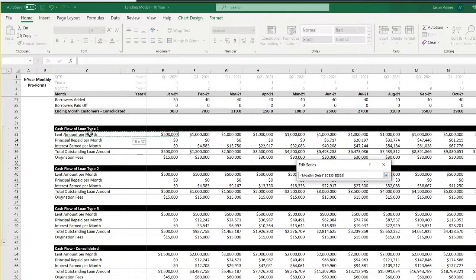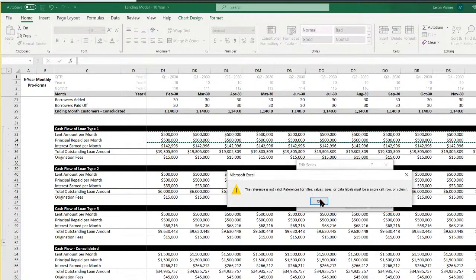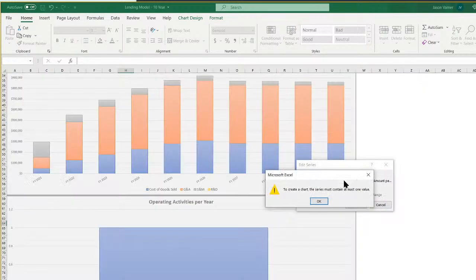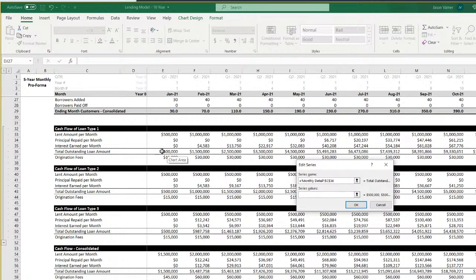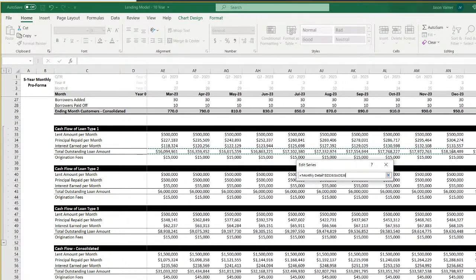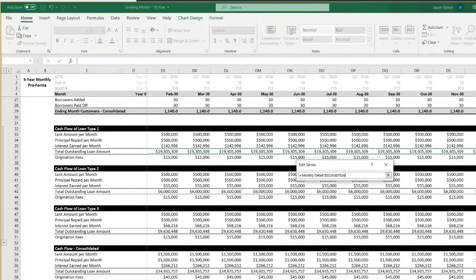So actually, we're gonna go, shoot. We want to go total outstanding loan amount. And this is where you'll see the effect of why we had to do all the matrix tabs and everything. So total outstanding.